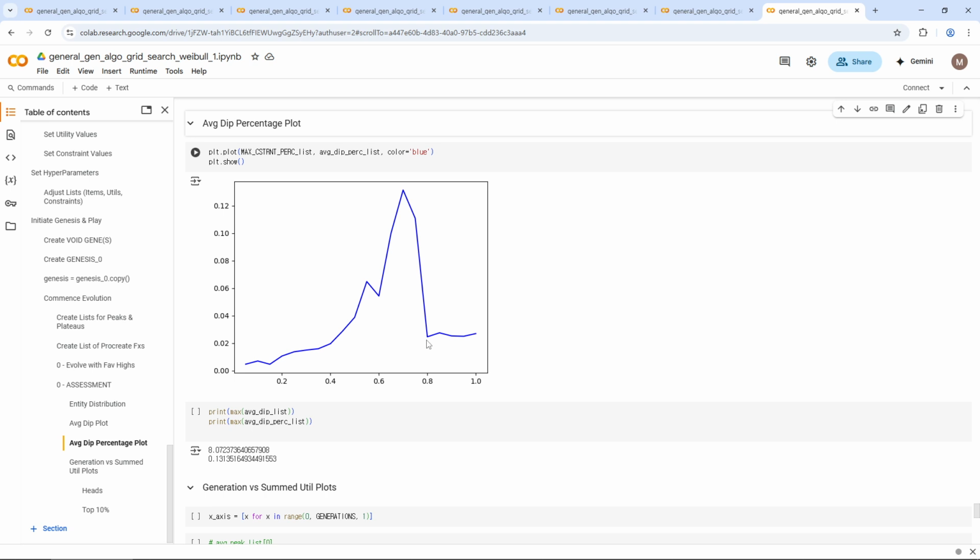The dip percentage in terms of size is small because the entities don't peak anymore, which is due to the fact that there is little innovation through procreation, and any kind of improvement can only be made by mutation, which is quite unlikely.